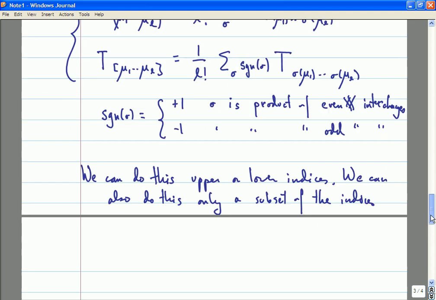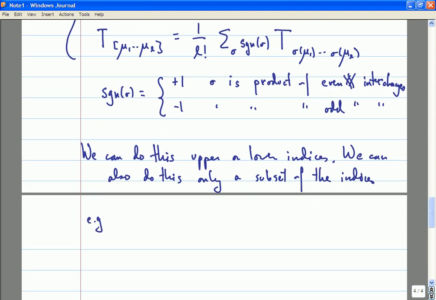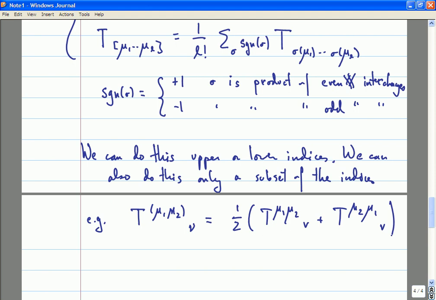For example, if you wanted to write down the symmetrization of something with, say, two upper and one lower index, you could write the following. It would be 1/2 T mu1 mu2 nu plus T mu2 mu1 nu. Or if you wanted to write down the corresponding anti-symmetrization, there would just be a minus sign here, because the second permutation there is a single flip, which has odd sign.